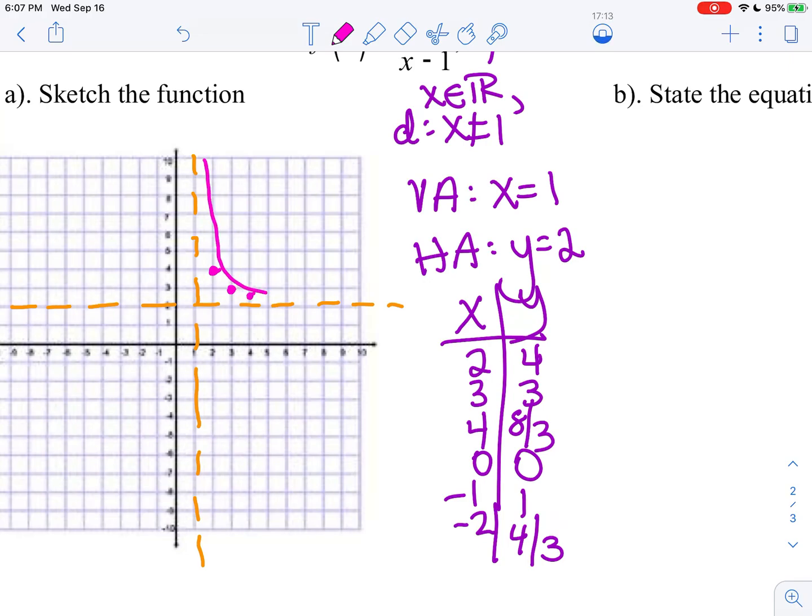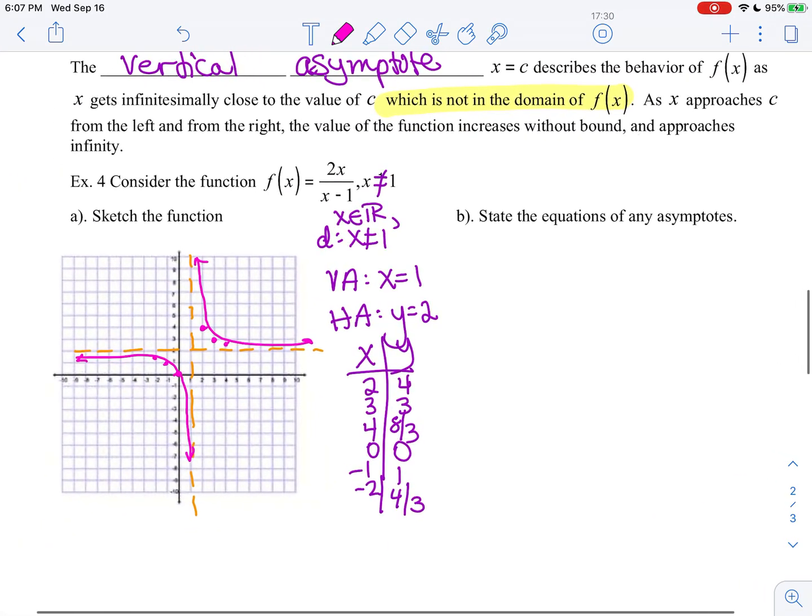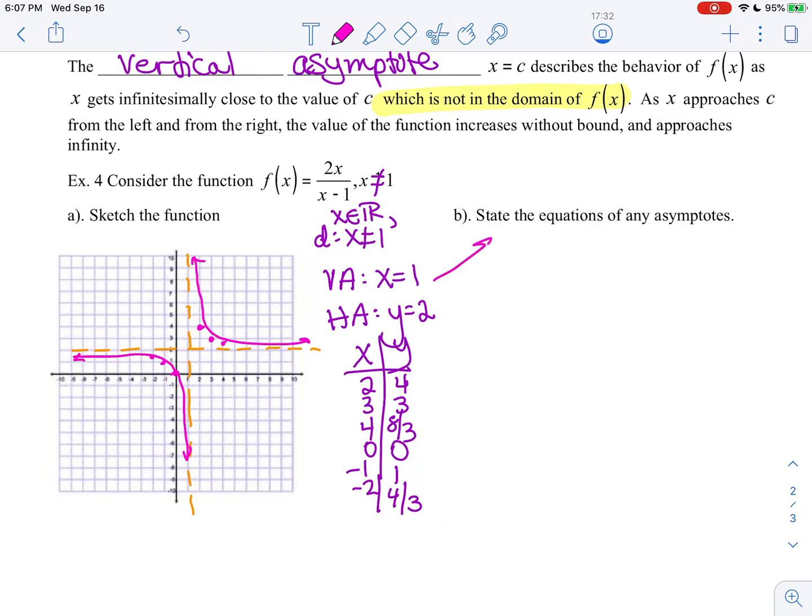Remember, this is a rational function and we want it to hug our asymptote. So I have 0, 0, negative 1, 1, negative 2, 4 thirds. Notice that the x and y intercept is the same. It's at 0, 0.